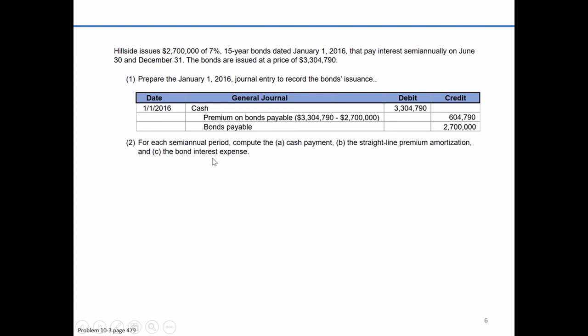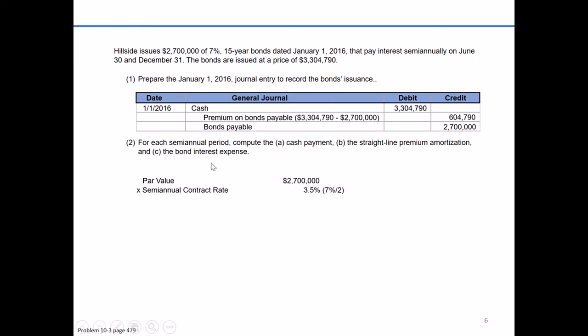Similar to our last problem, let's figure out the semi-annual amount that they pay in interest cost, and also the amount of straight line amortization, but this time it's amortization of the premium, and the total interest cost each semi-annual period. Let's move forward with just calculating the cash payment. Take the par value of $2.7 million times our semi-annual contract rate.